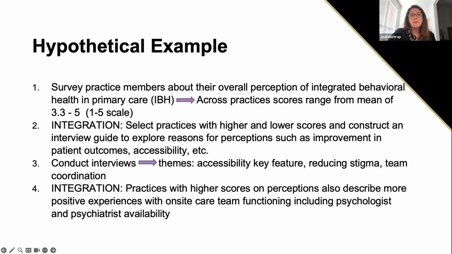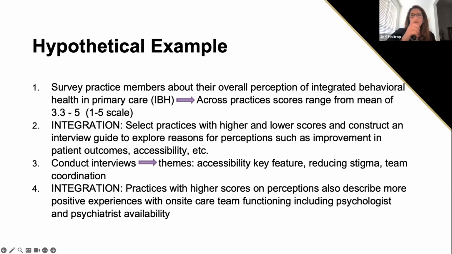Then you conduct the interviews, get themes overall, and hear about things like accessibility, stigma, and team coordination. You can use the results from both to understand that practices with higher scores on perceptions maybe also describe more positive experiences with an on-site care team, versus practices that don't have an on-site care team, which is why they're not feeling it's going as well.